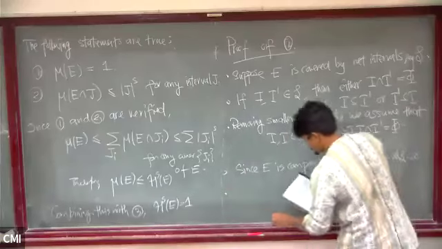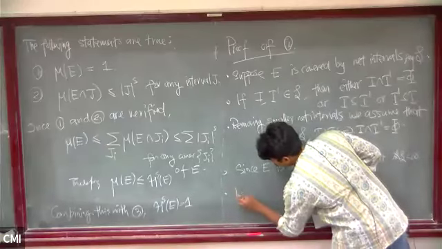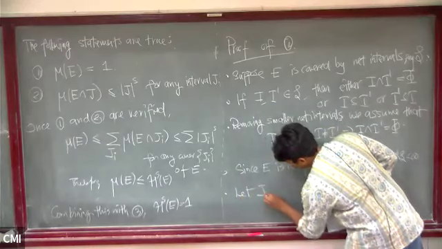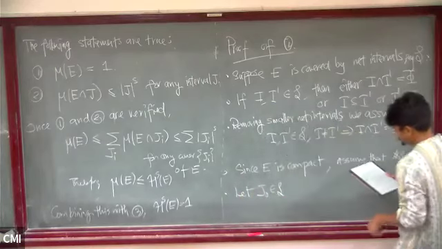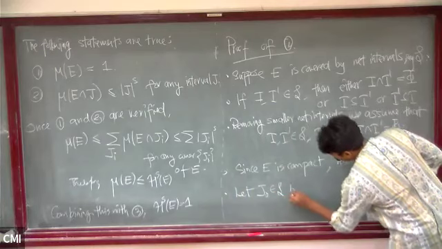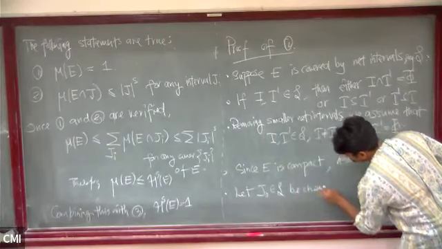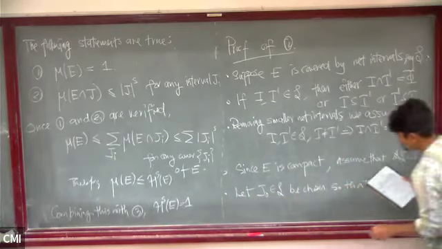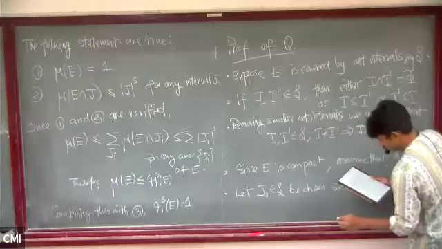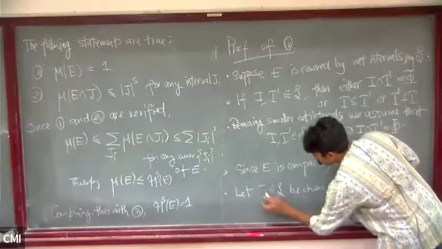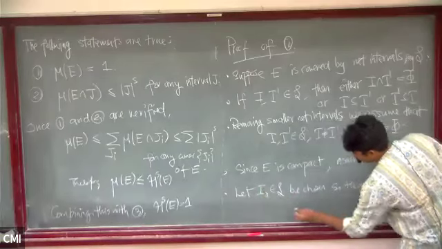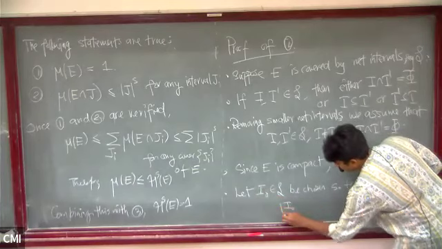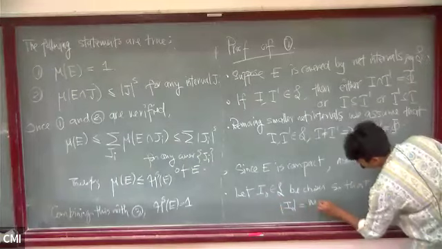Now what do I do? I choose an I naught in this collection that has the smallest length.